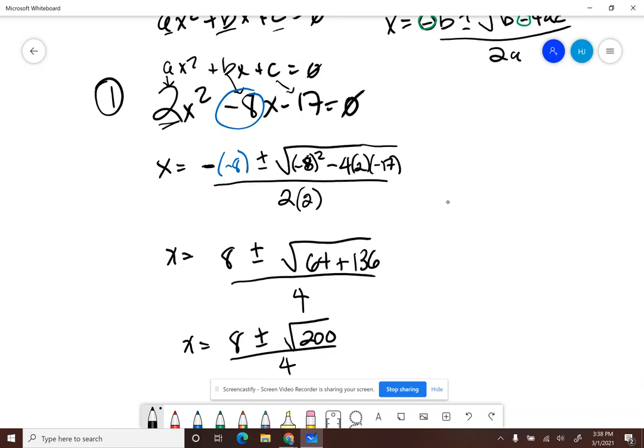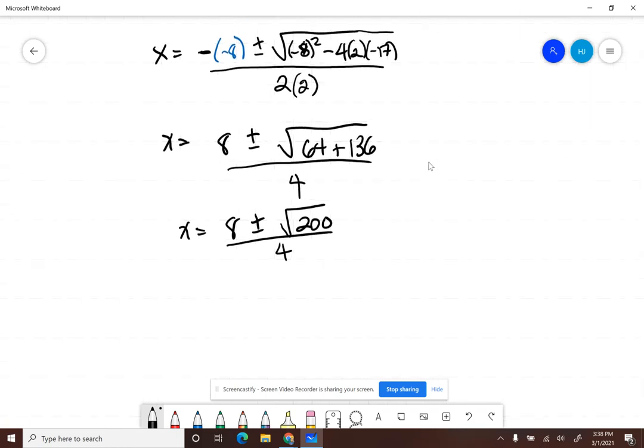And this is why we spent so much time simplifying radicals, because you're going to use this not only in this class, but also in college algebra. So let's think about the square root of 200 here. Let's think about perfect squares that will go into 200. If you think about this quickly, you would realize that 10 times 10, which is 100, will definitely go into 200, okay?